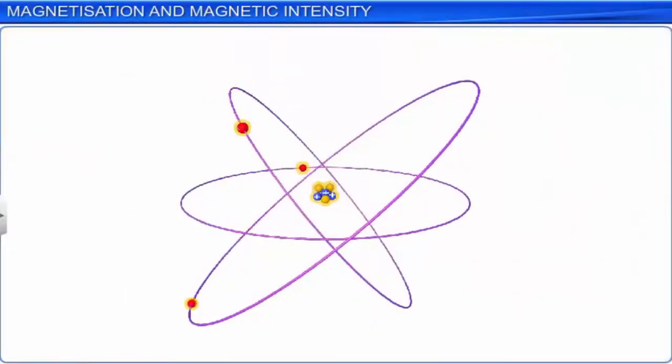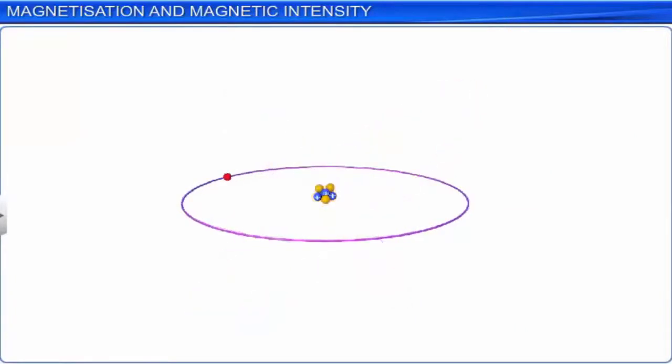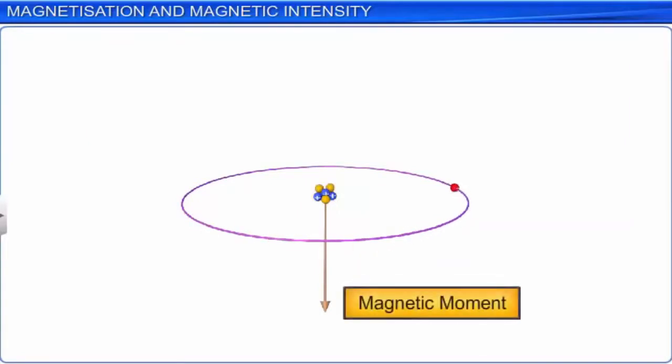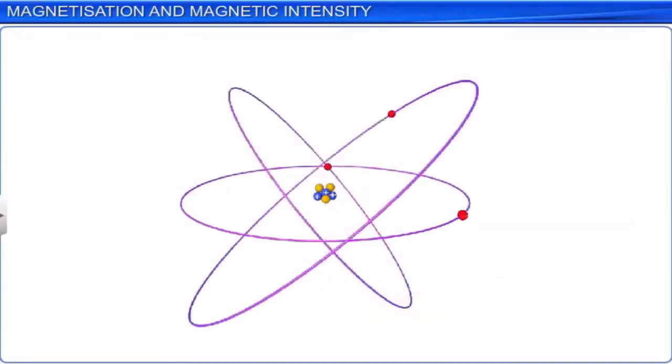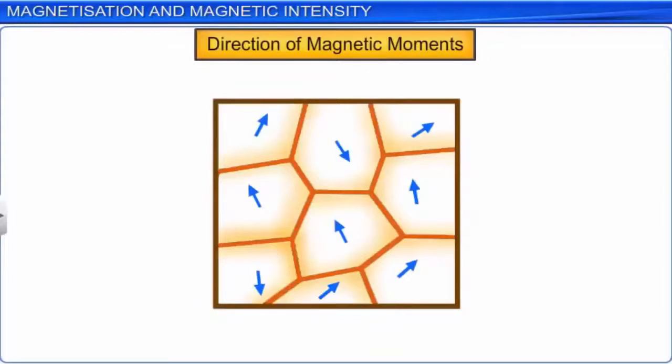We have seen that a circulating electron in an atom has a magnetic moment. The resultant magnetic moment of an atom is the vector sum of the magnetic moments of all such circulating electrons in the atom. Here, the magnetic moments of these atoms in an object are randomly oriented and their net magnetic moment is zero.